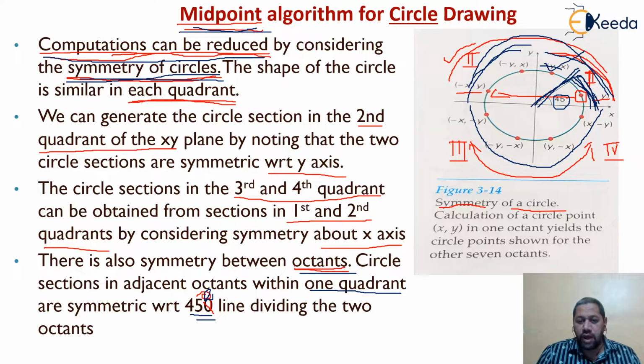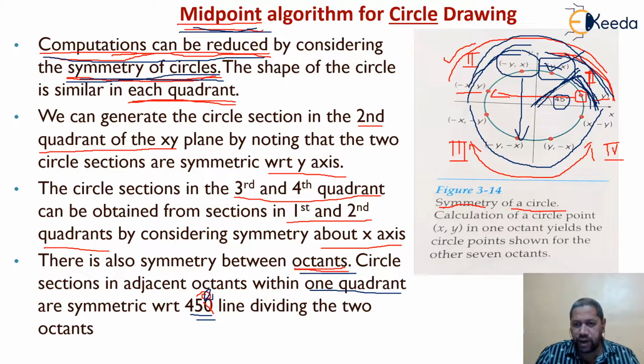Again, to conclude this particular slide, we have divided the circle into 8 octants. If I get one point over here, I will get minus x comma y from its reflection.